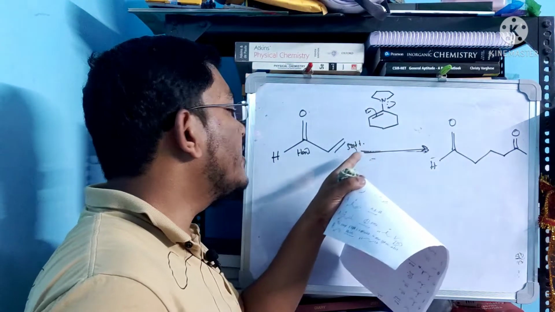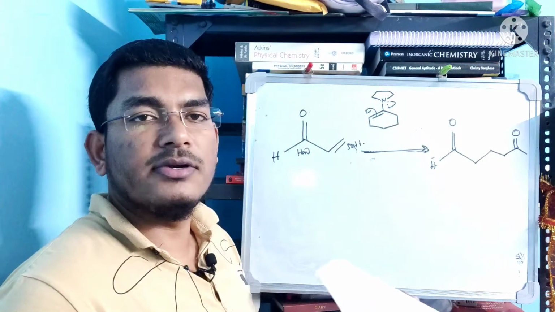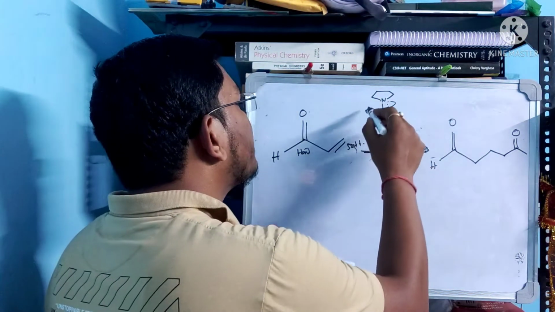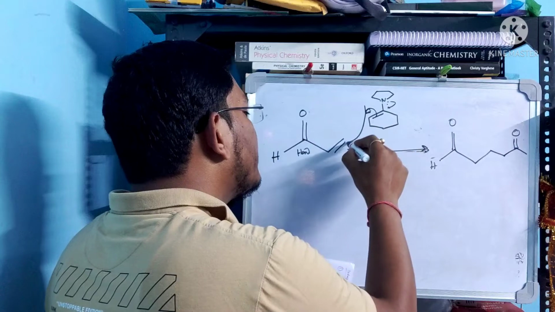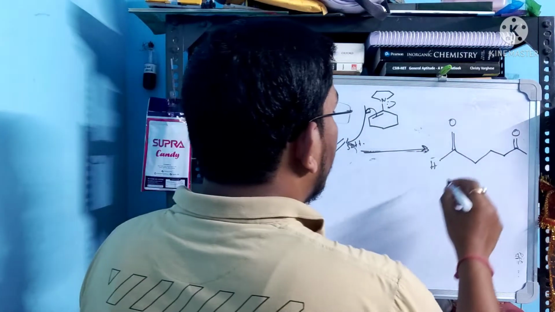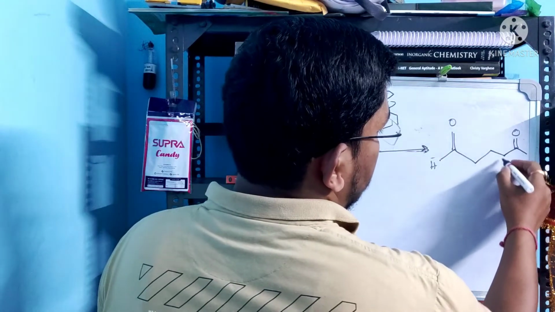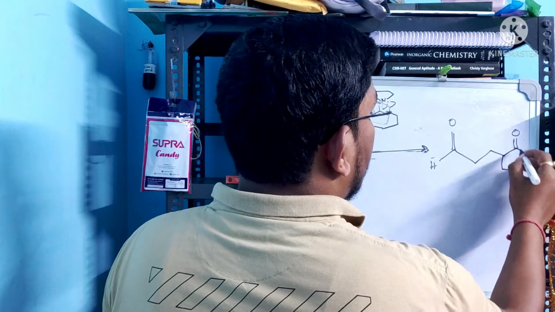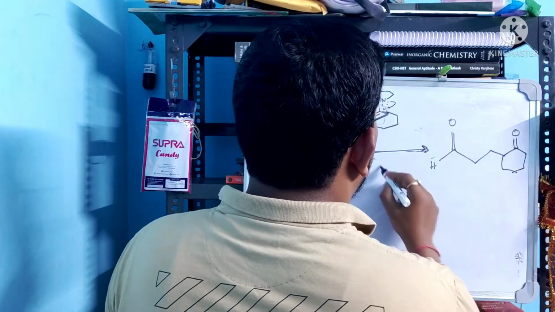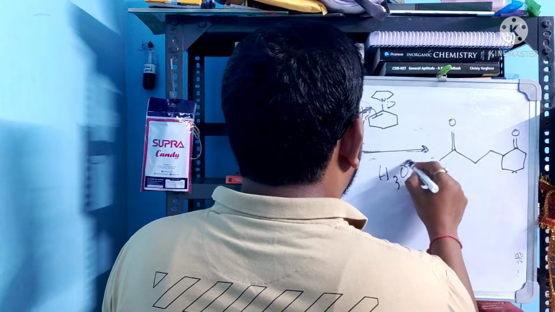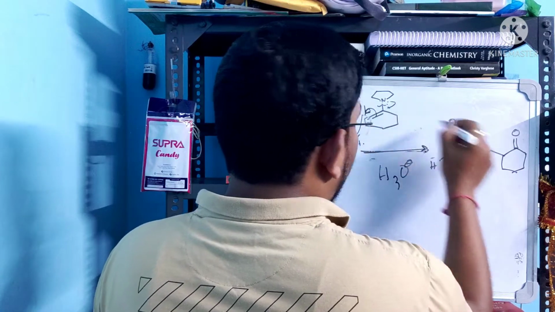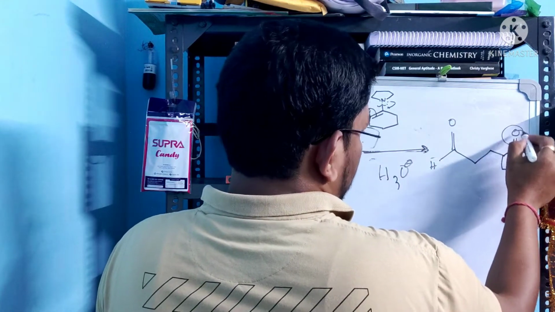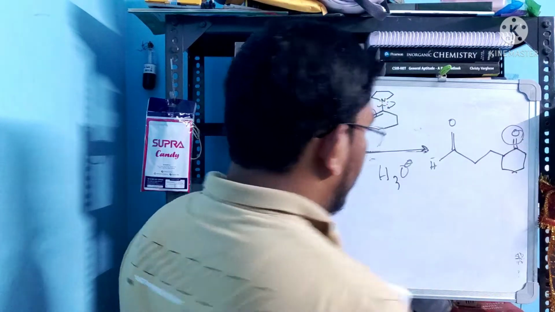The softer nucleophile will prefer to bind with the softer electrophilic center according to the HSAB principle. That means it will attack in this position, and we will get this after hydrolysis. After hydrolysis, this can break and the imine gives the ketone.